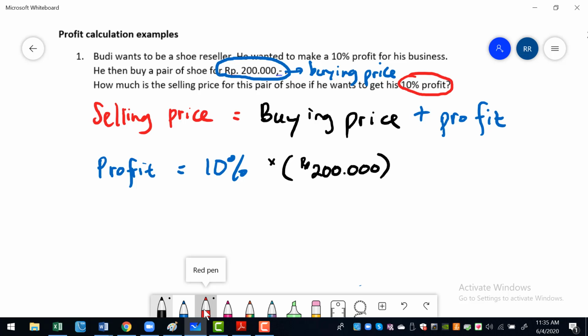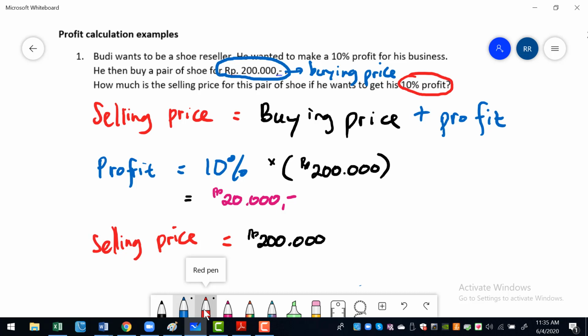Okay, so you can use your calculator to do this. 10% times 200,000 rupiah is equal to 20,000 rupiah. So that leaves us, if you want to find the selling price, again, because we know that the selling price is the buying price plus the profit, and we know that the buying price is 200,000, right?